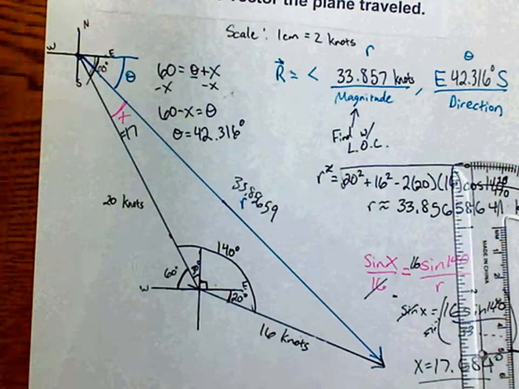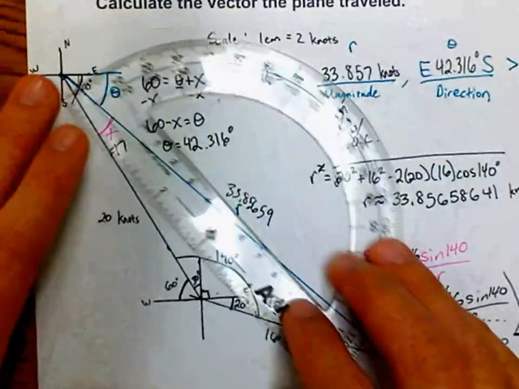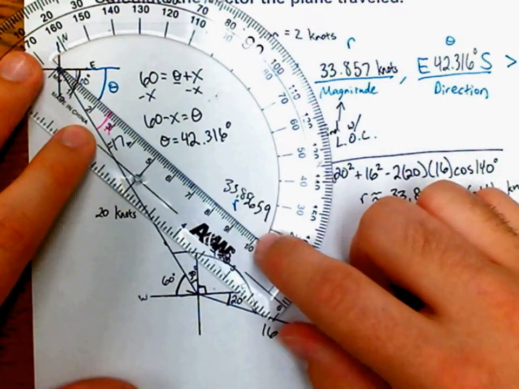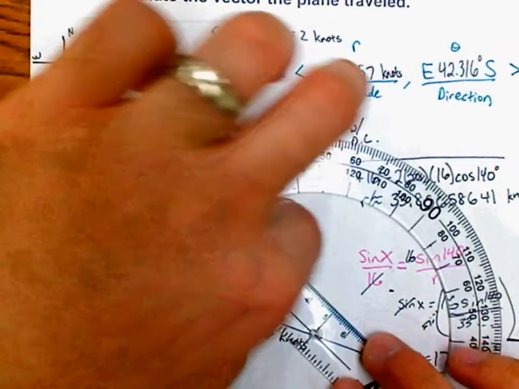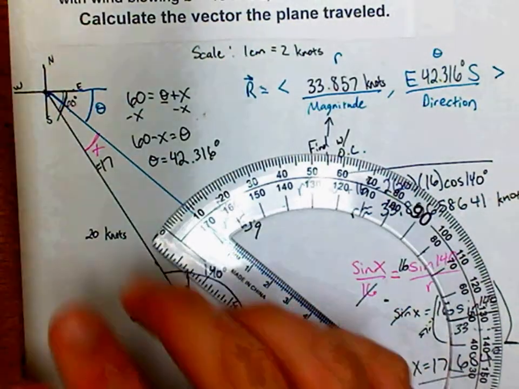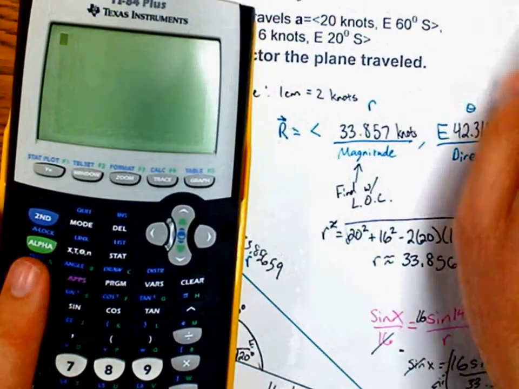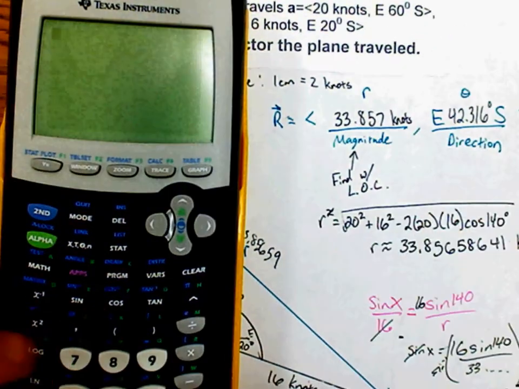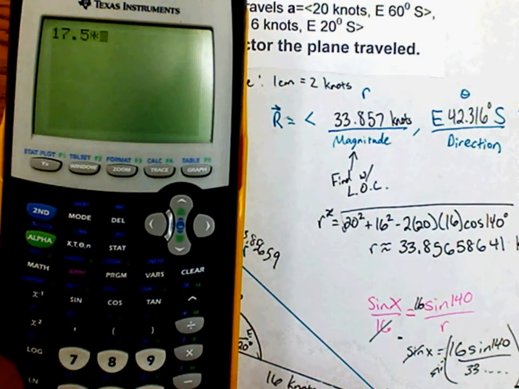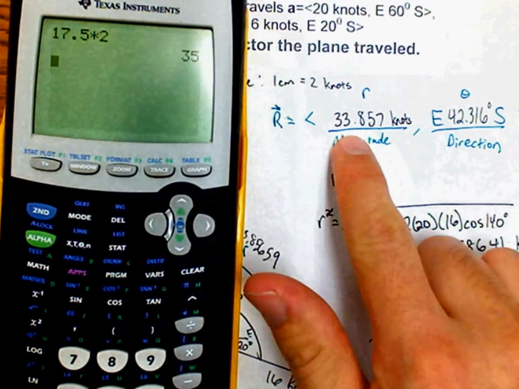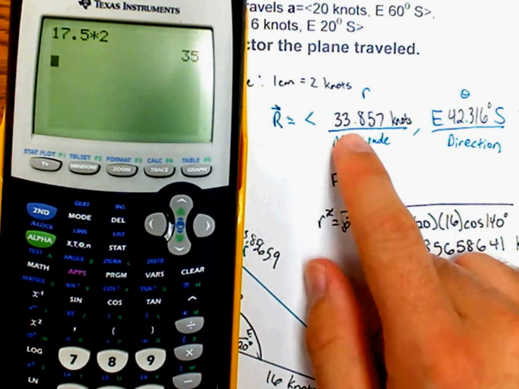That was 17.5. What am I thinking? Sorry, this is 10 plus another 7.5. Let's try that again. You can tell I am not editing this video for content. So 17.5 times 2, 35. I got 33. This is the better answer, the 33.857.